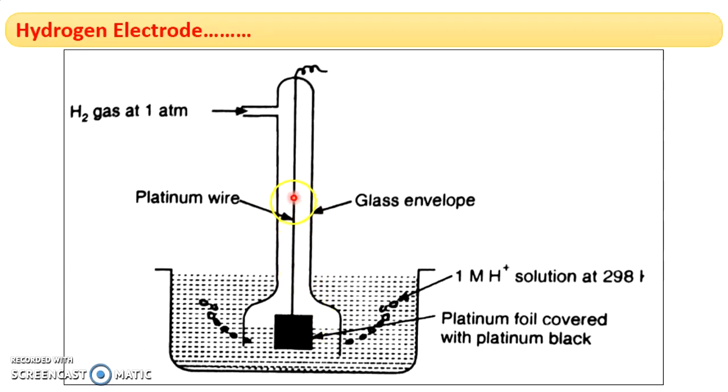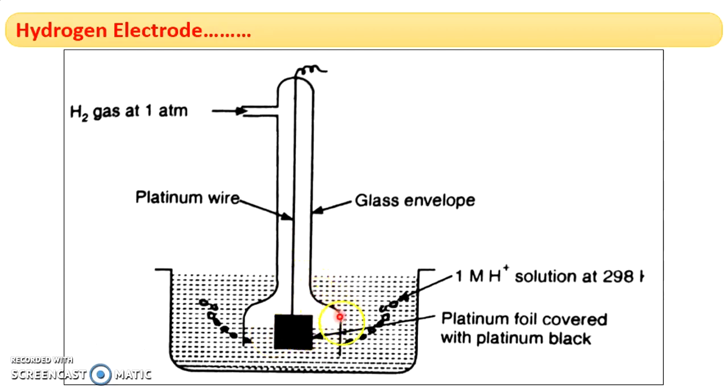The platinum wire is welded to the platinum strip, and then this platinum wire is sealed through a glass tube, so that the platinum wire can be connected to the other half cell or other electrode. Then the platinum strip at the bottom is surrounded by a glass tube.